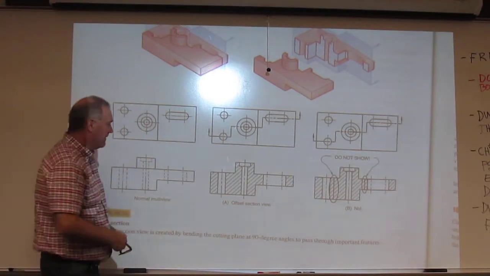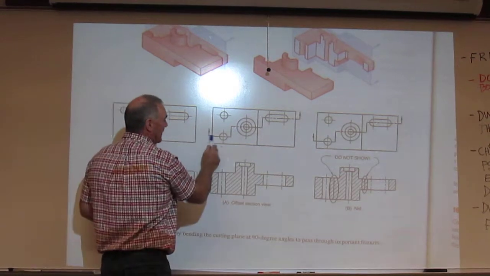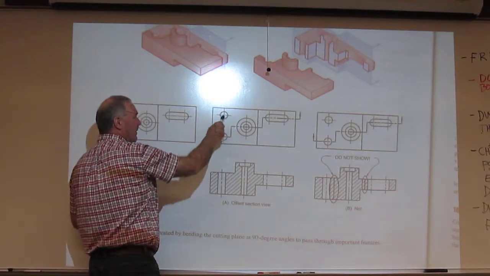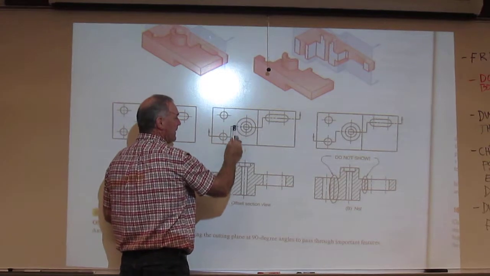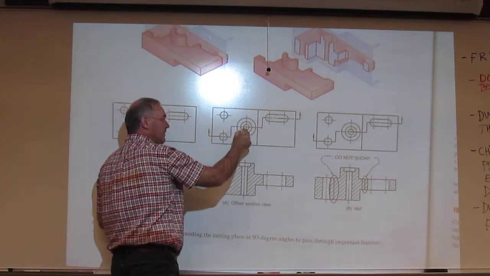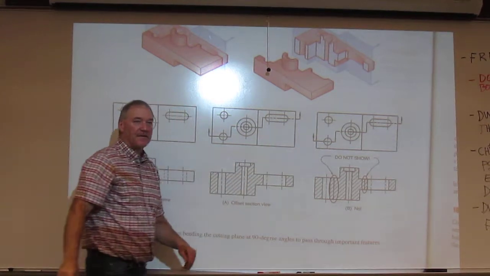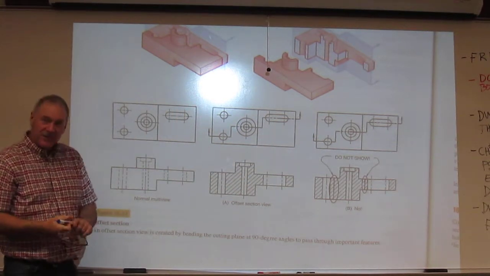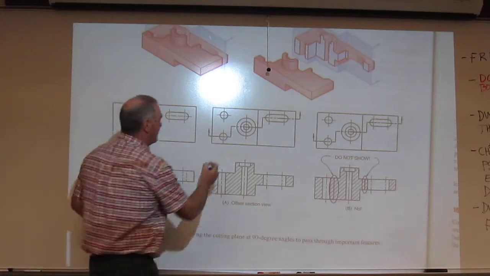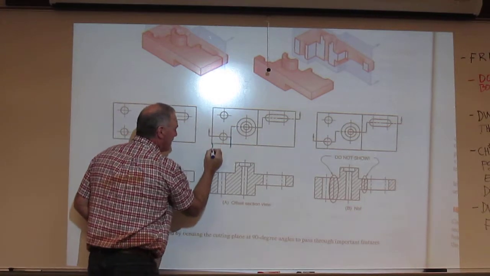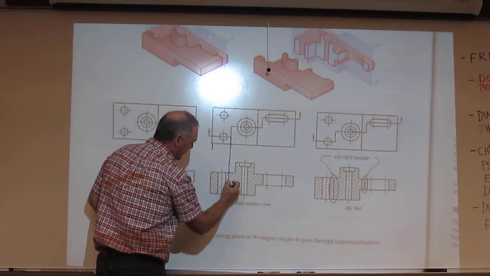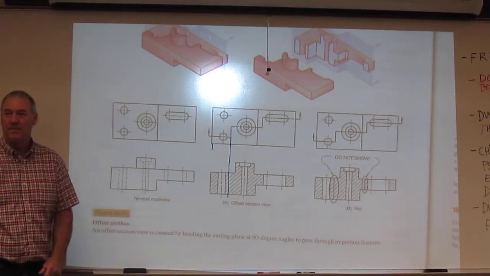So as we look at this section, I cut through this hole, that's going to describe those two. Then I'm going to bend to get on the center of this hole, I'm going to go through it, it's going to describe that. Then I'm going to bend and go through this slot and describe that. Now, when I project this, I project true size from here to here, and that gives me this portion of the drawing.